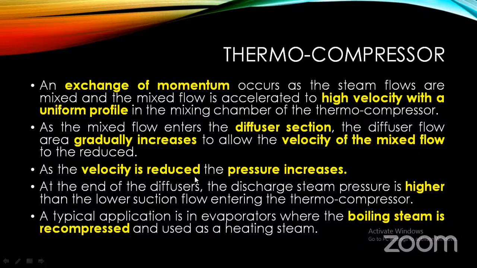As the velocity is reduced, pressure will increase. So this is PV is constant, based upon this principle. It is normally applied where boiling steam is recompressed. So it's just an introduction to thermocompressor.